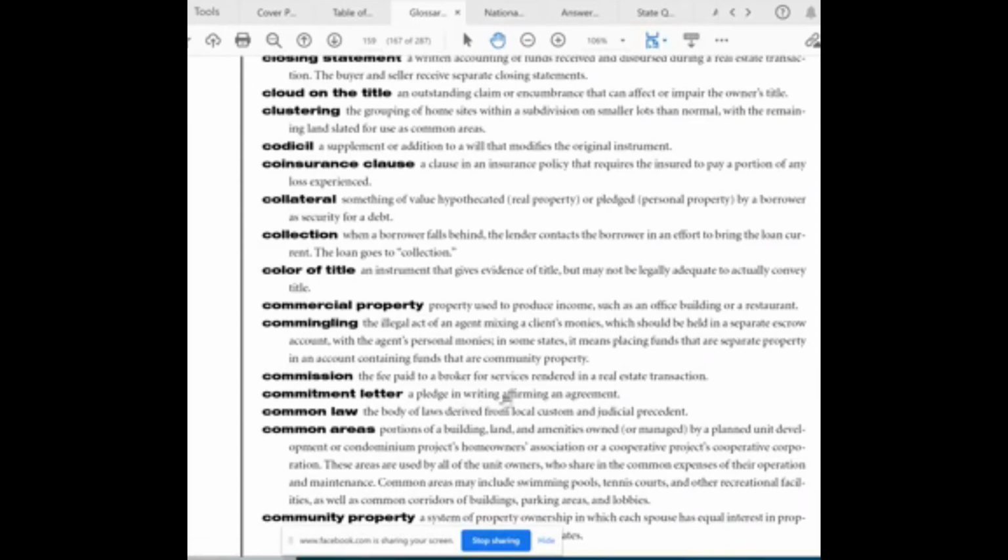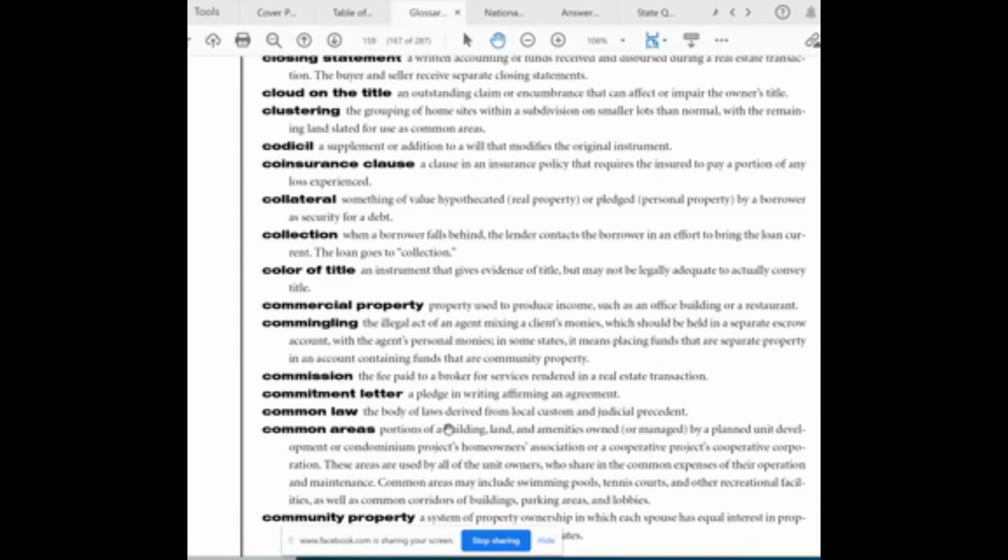Commitment letter, a pledge in writing affirming an agreement. So you will see commitment letters in commercial properties where they will do a letter of intent, a letter affirming an agreement instead of doing a whole contract. Commercial properties can take months, years to complete a negotiation.